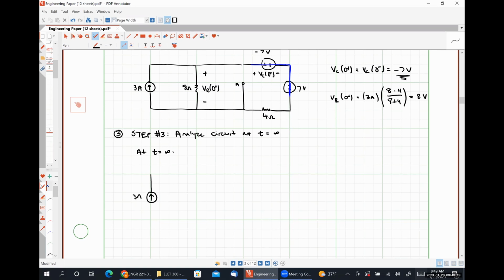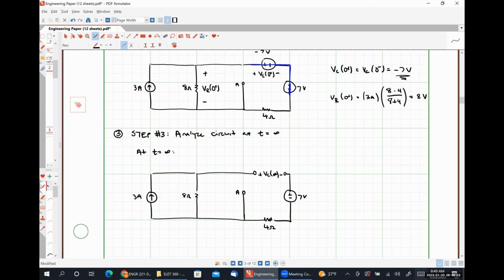So we have 3 amps in parallel with 8 ohms. Here is our capacitor voltage, VC at infinity. There's our 7 volt source. Here is our 4 ohm resistor.